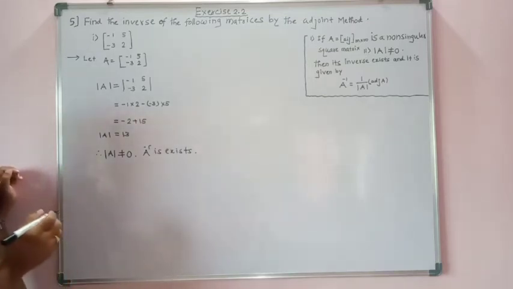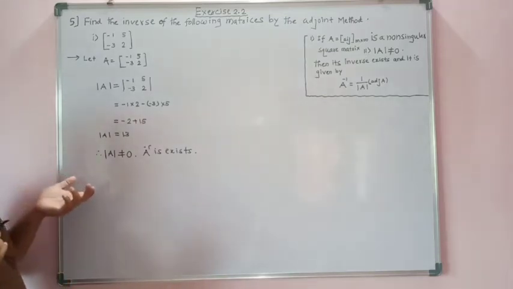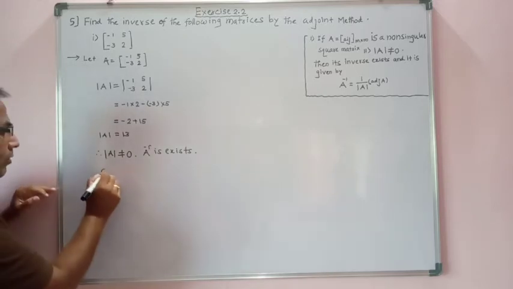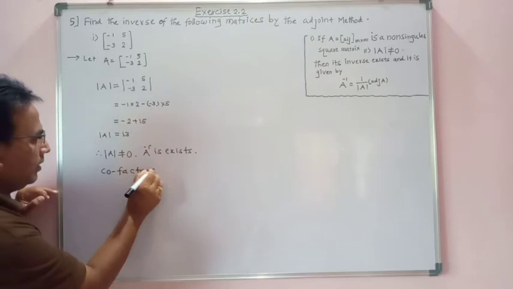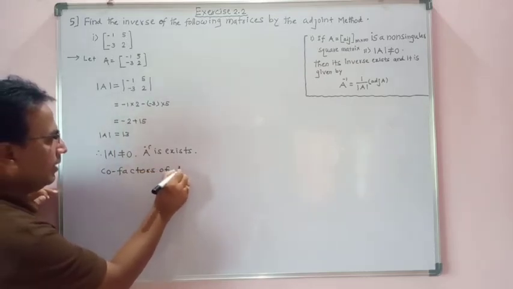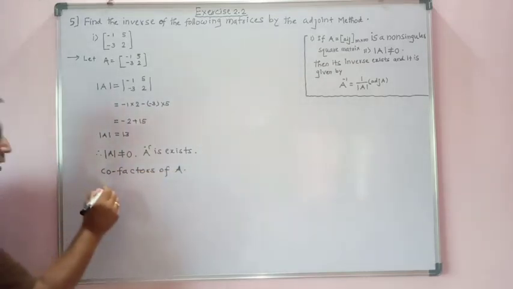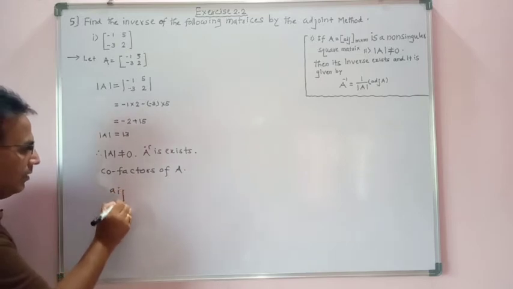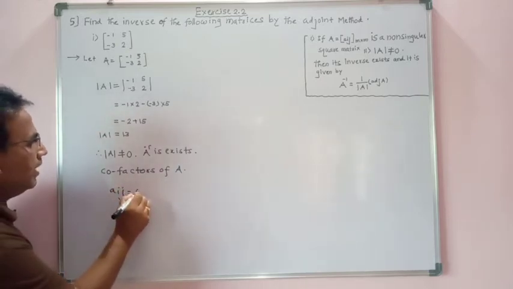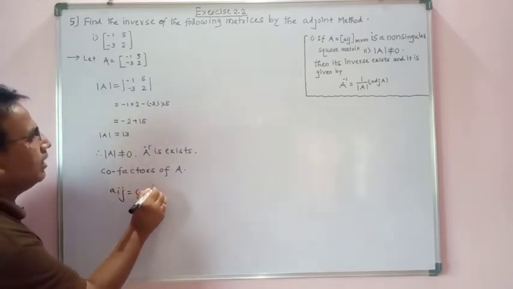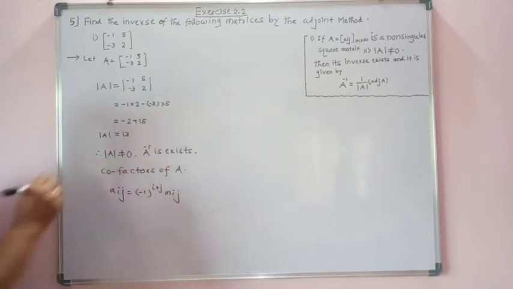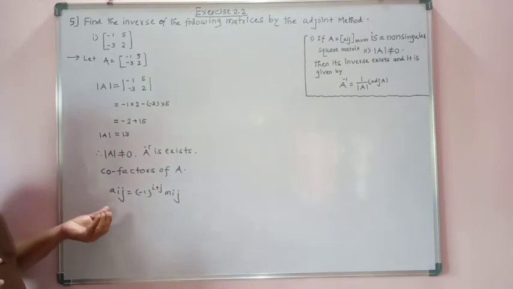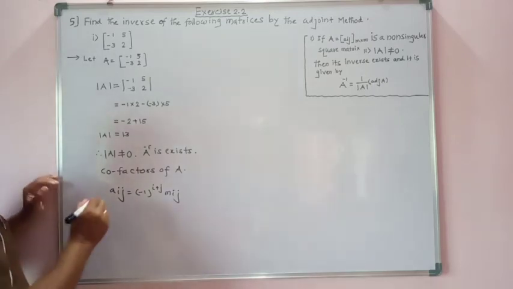Find the cofactors. We use the formula of cofactors. Cofactors of matrix A: we use the formula Aij equal to -1 raised to i plus j into Mij, where i means row and j means column.